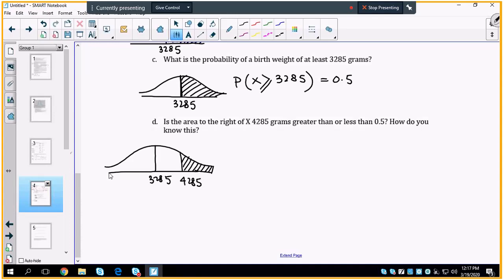Well, it is clearly less than 0.5, so I will say the area is less than 0.5. How come?